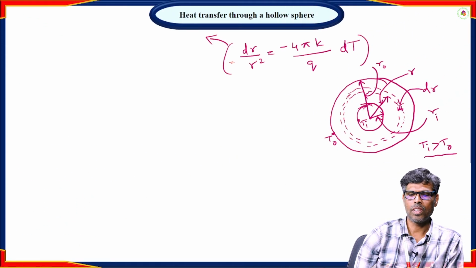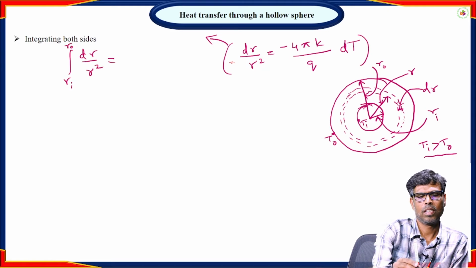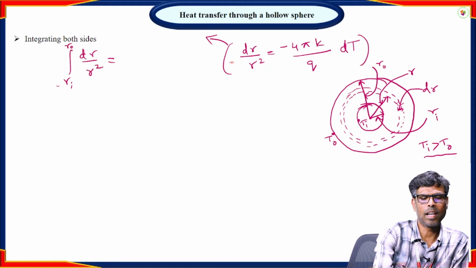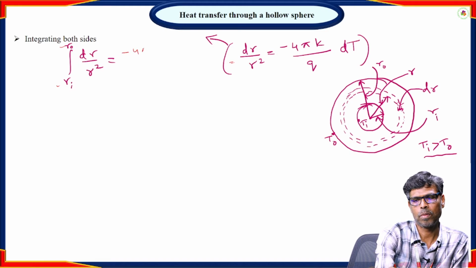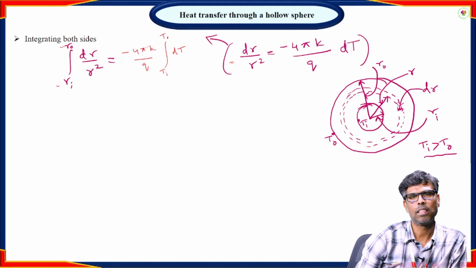For this equation, if we integrate both sides, with the limits, the lower limit is Ri, upper limit is Ro, integral dr by r square is equal to minus 4 pi k divided by q into integration for dt. Lower limit is Ti, upper limit is To.